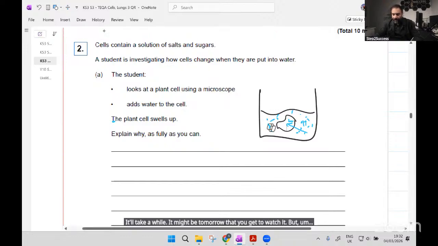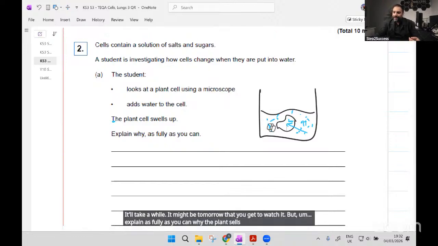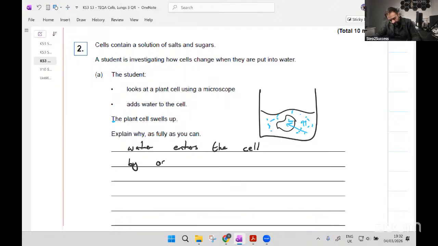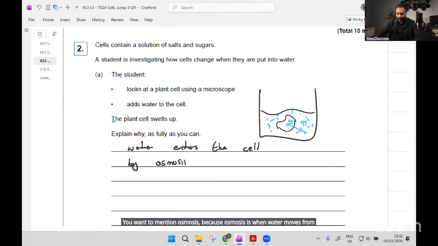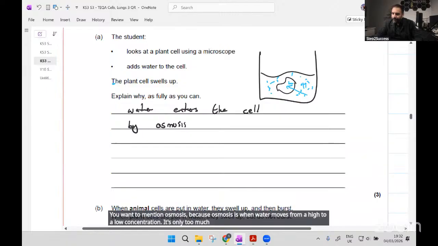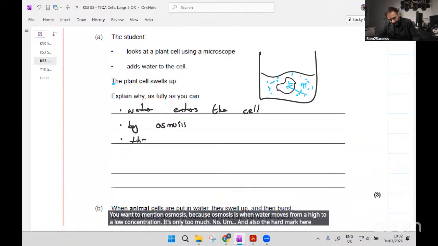Explain as fully as you can why the plant swells up. So we want to say because water enters the cell, or goes inside the cell. You want to mention osmosis, because osmosis is when water moves from a high to a low concentration. And also the hard mark here is the last bit, which is the cell has a cell membrane.